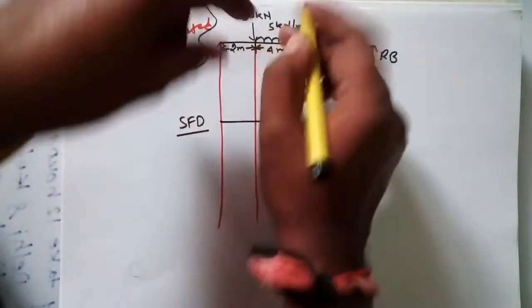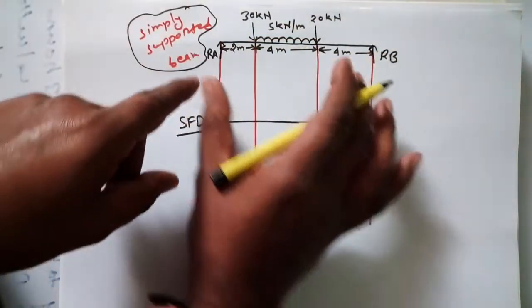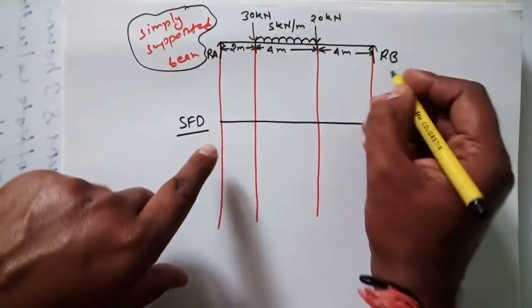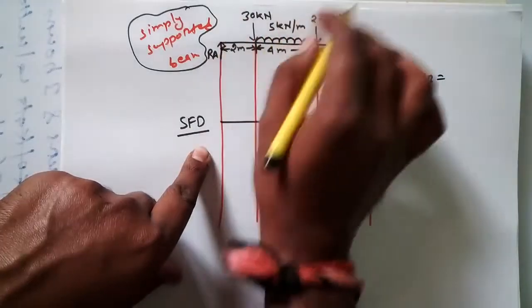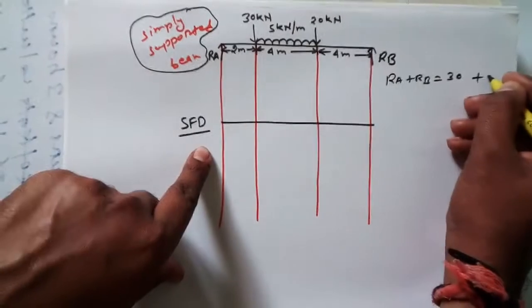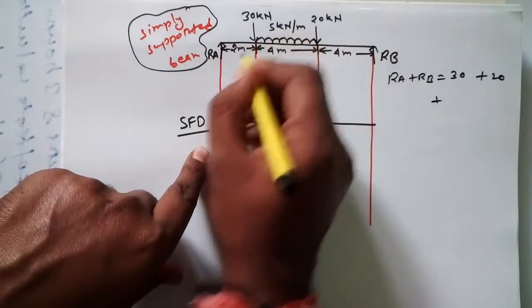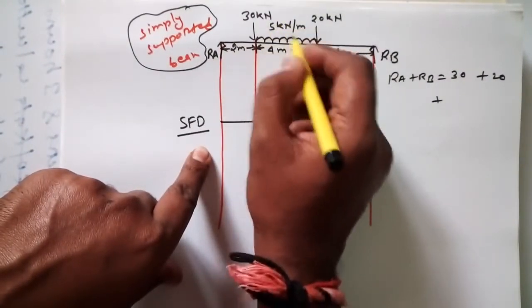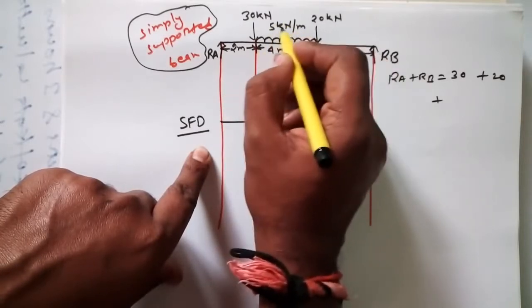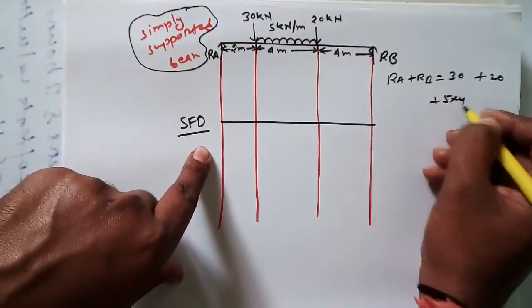The total force acting on this beam is equal to the total reaction force. So we can write RA plus RB is equal to the total load. This is 30, this is 20, and because this is a UDL of 5 kilonewton per meter, the total load from the UDL would be 5 into 4, which is 20.